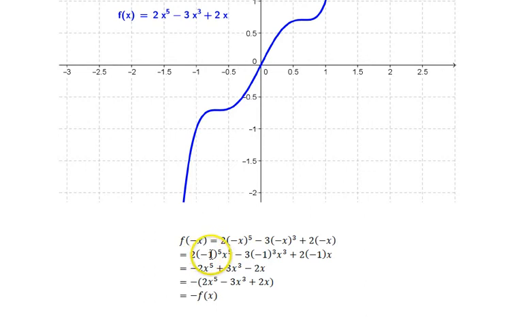This time we have negative 1 to the fifth, x to the fifth. Similarly, negative 1 to odd powers. A negative 1 to an odd power is a negative 1. That reverses the sign of these terms. Then we can factor out a common negative from all three terms, and we end up with negative the original function. F at negative x is negative f of x.